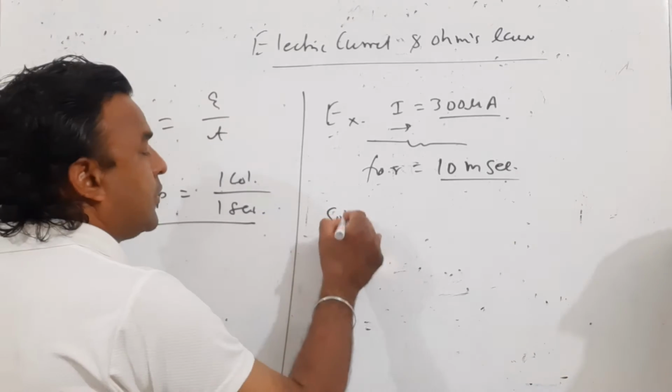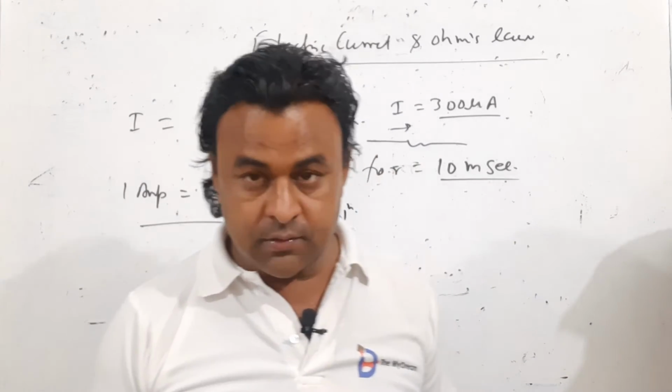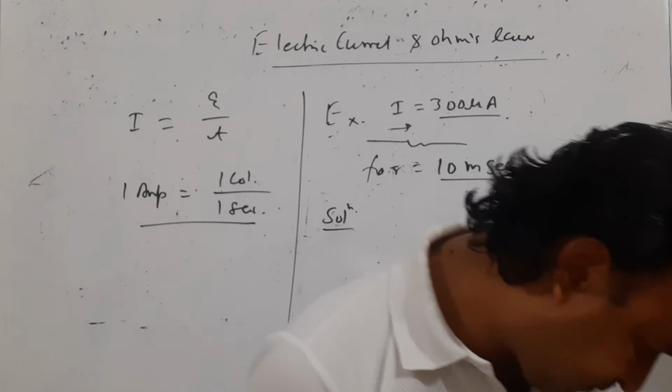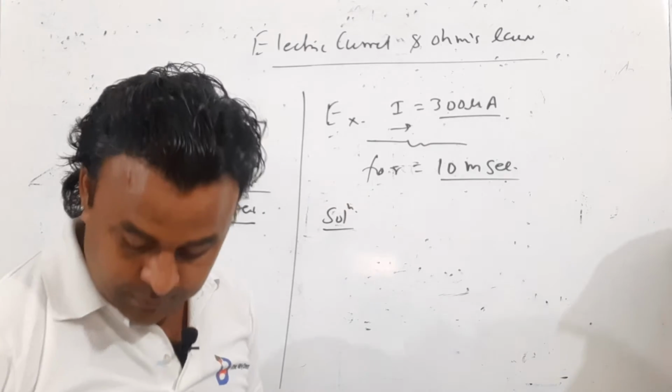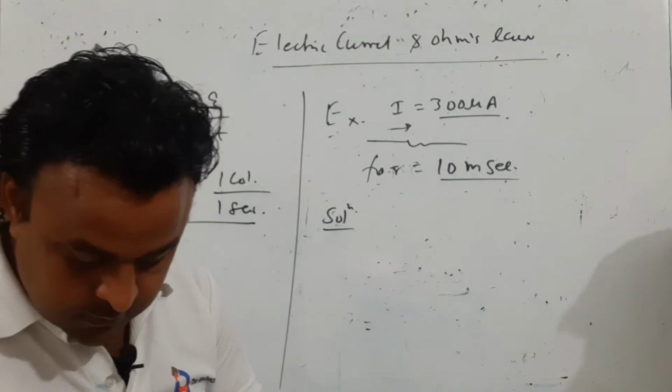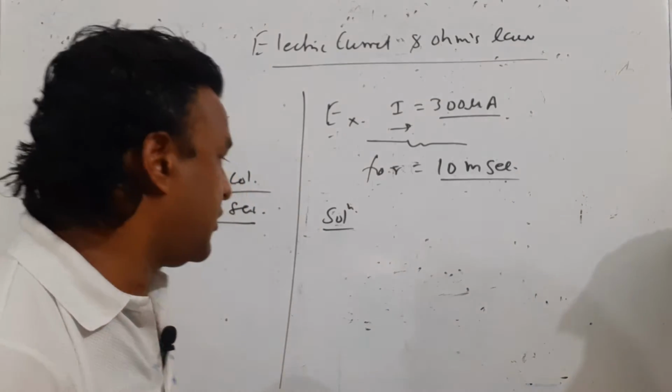Now, what is the amount of charge flown, and how many electrons have gone through?